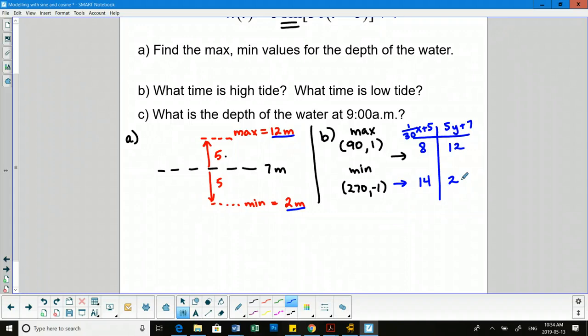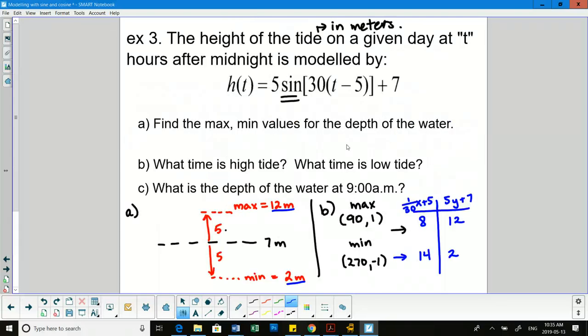Okay, so what does this mean, 8 and 14? What did we just find? Joey? The time when it happened. So what is 14? 2 p.m.? Okay, so it's kind of like army time, right? When we say 14, this is tracking T, time in hours after midnight.